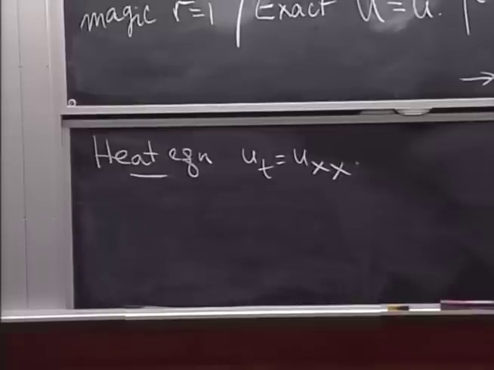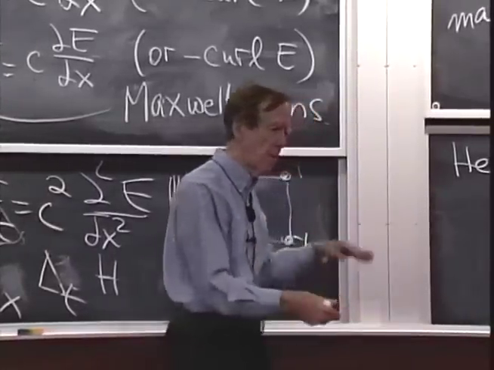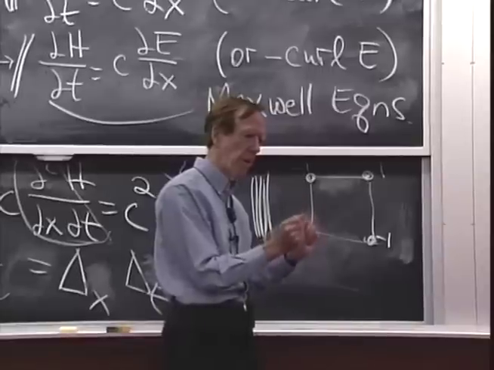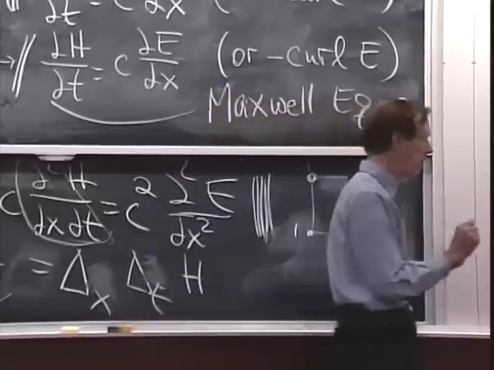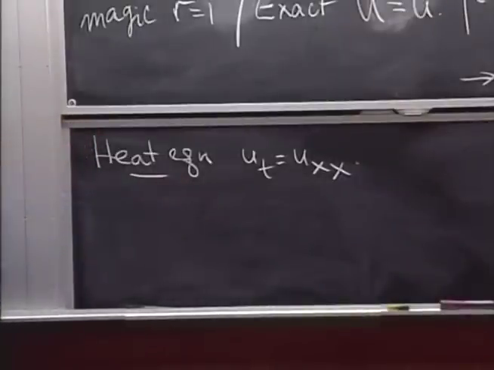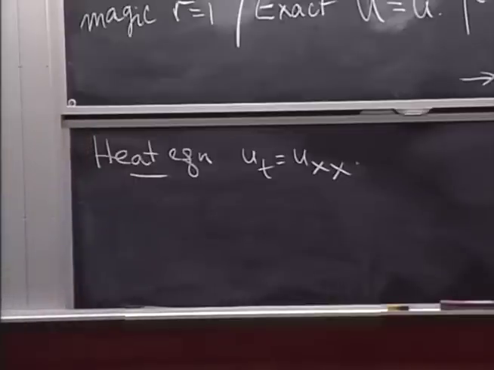The dimensions of t and x are no longer the same. We won't have delta t and delta x comparable. Now it will be delta t comparable with delta x squared. And that's a very significant difference, because if delta x is small, delta x squared is extremely small.